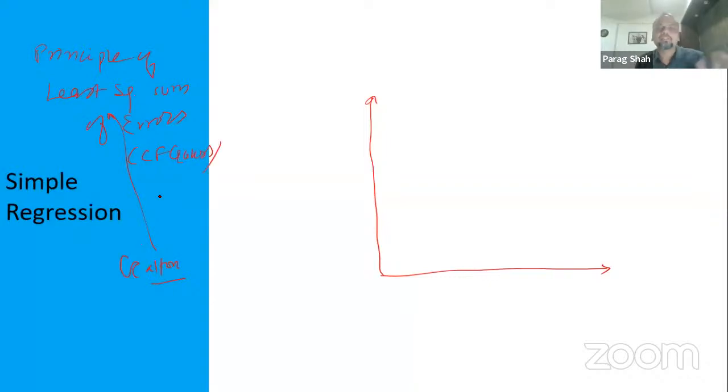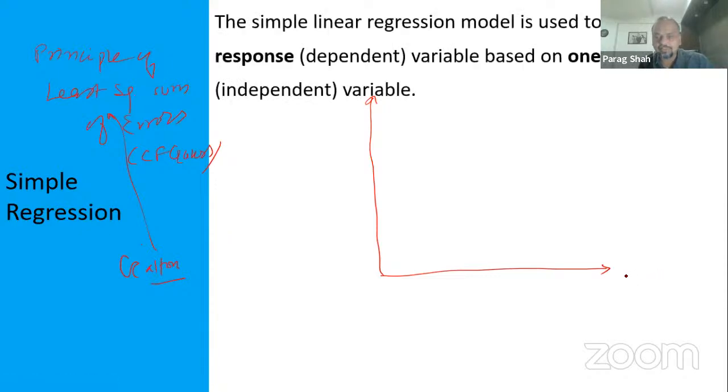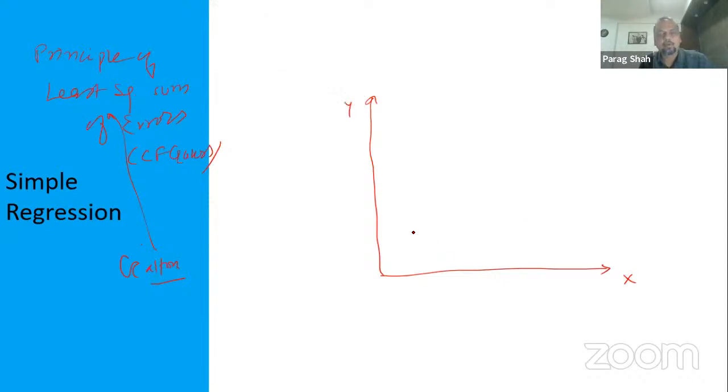So what is this principle of least square sum of errors? What did Galton give? How did he find it? I'll take just a few minutes for that. Suppose there are two variables, X and Y, and I'm plotting a scatter plot for it.